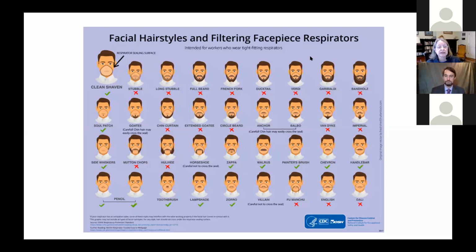So clean shaven, and then some very limited bits of hair are appropriate, but the Verdi, the Garibaldi, and the French fork and others are just not a way to wear your facial hair during this time.